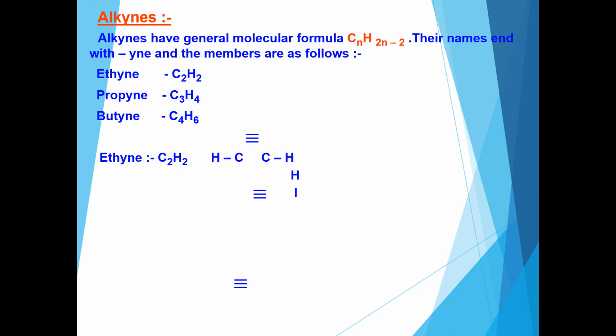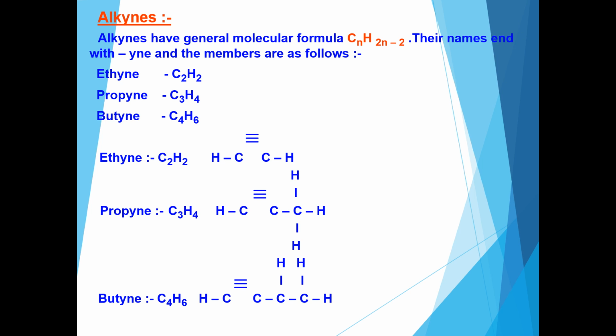So let us try to see the formulas. First formula C2H2, here C triple bond C and each attached to 1 hydrogen. Second formula propyne, C triple bond C, single bond C. The first carbon is attached to 1 hydrogen, second carbon is attached to no hydrogens, and the third carbon is attached to 3 hydrogen atoms.